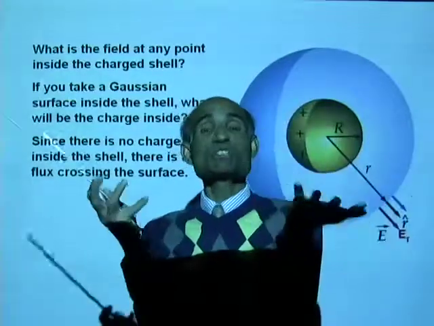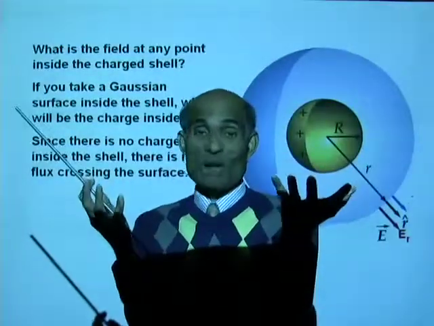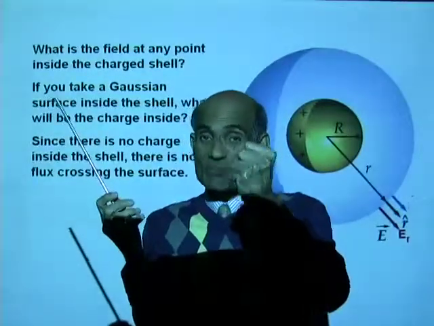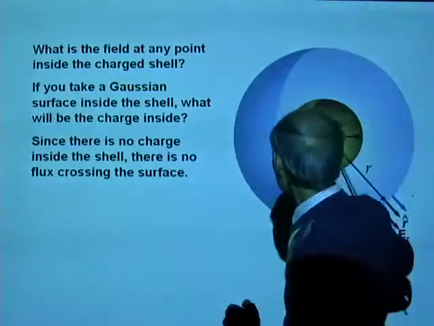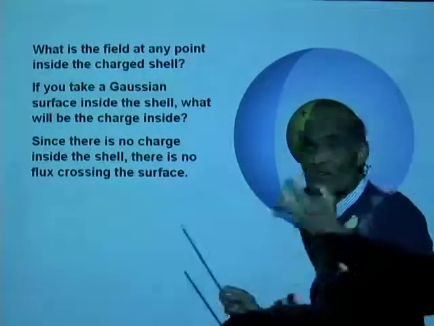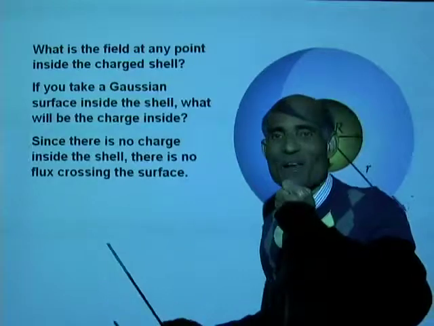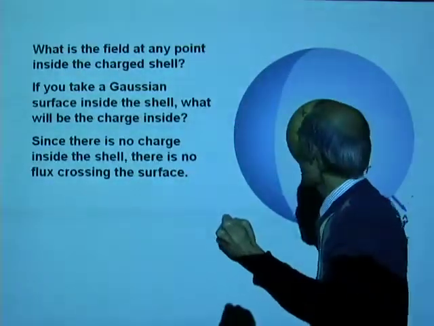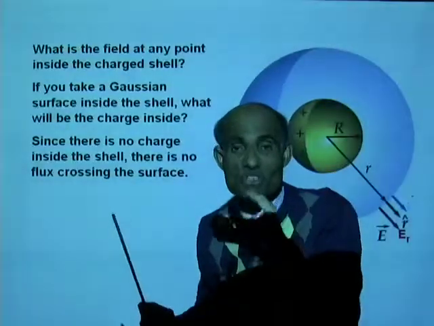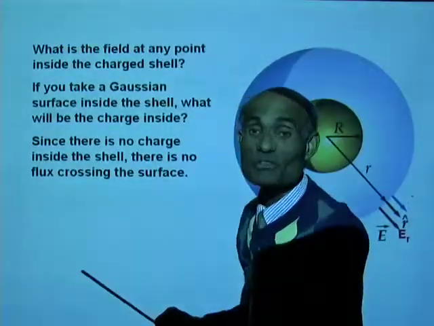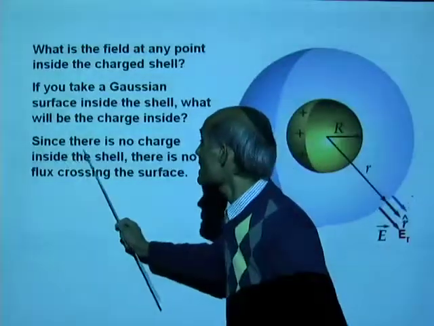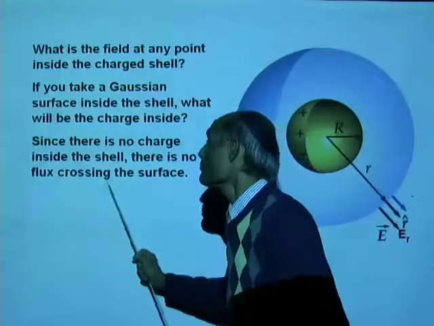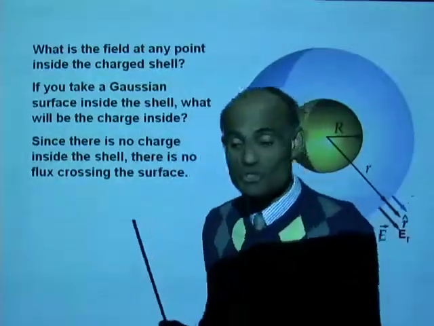Inside the shell it is, well, not empty space, but there is no material there to hold the charge. So if you go inside the shell, there is no charge inside the shell. So if you take a Gaussian surface inside the shell, there will be no charge inside that Gaussian surface. What does that mean? Since there is no charge inside, there is no flux crossing the Gaussian surface.